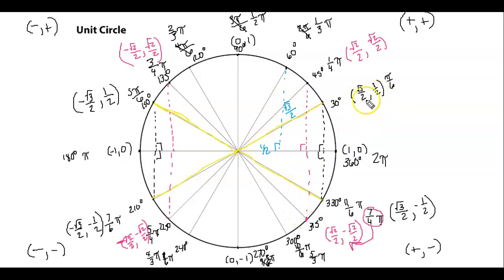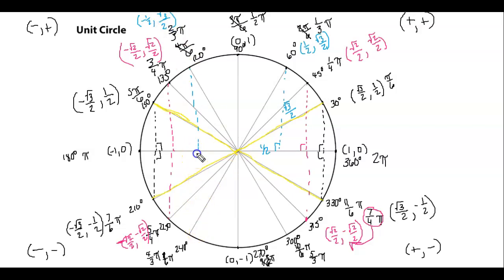The only thing that's different is notice that this time it's the x-coordinate that is 1/2, and the y-coordinate is the square root of 3 over 2. And again, when we reflect, that's going to come over here to this triangle reflects. So it's going to be negative 1/2, square root of 3 over 2.